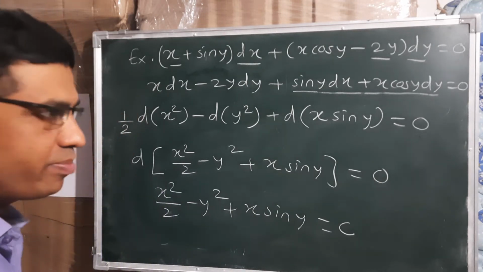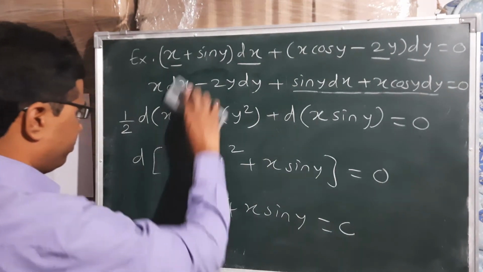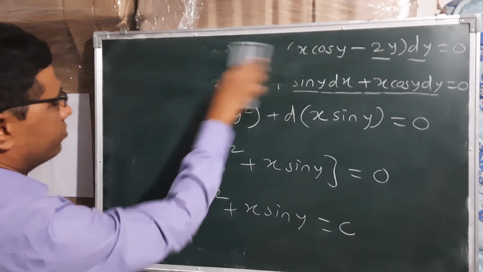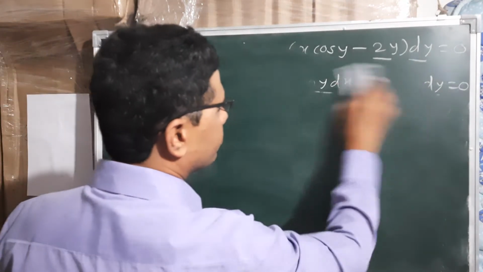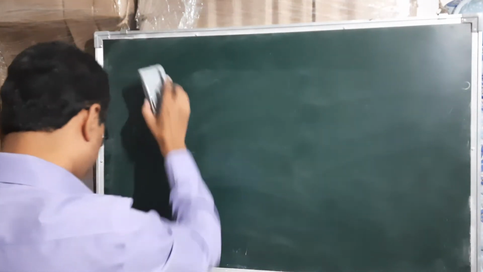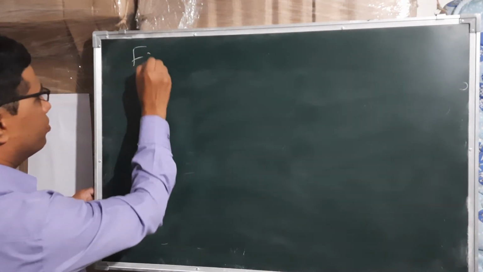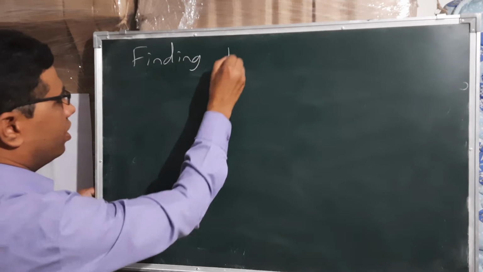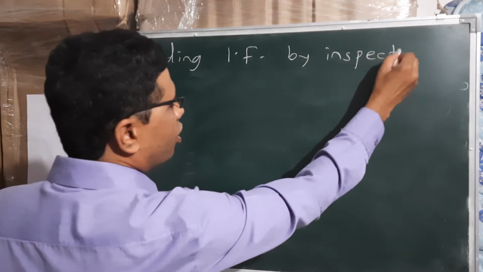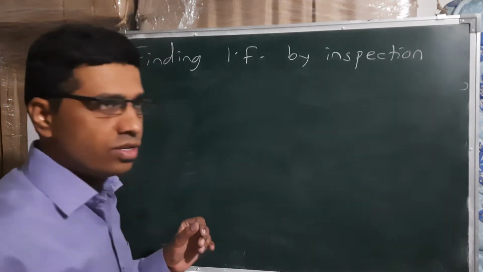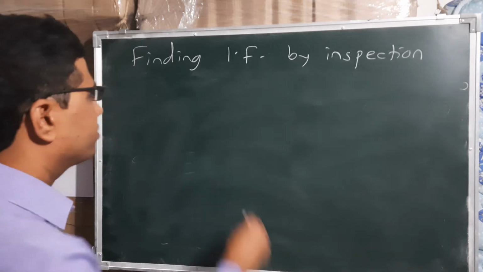So we see some examples. Finding integrating factor by inspection or observation. So this will be explained with some examples.